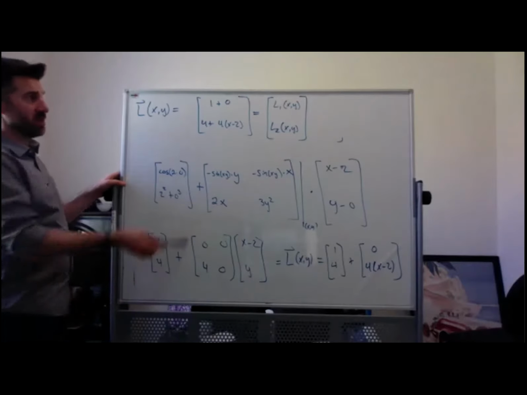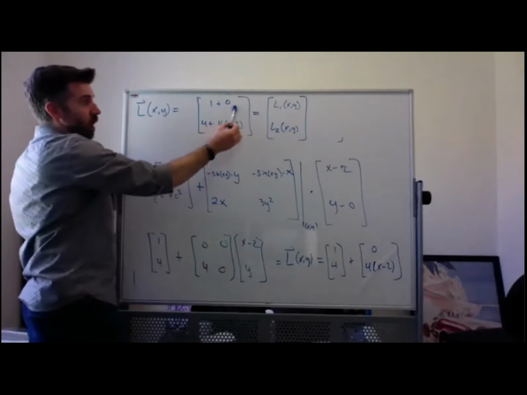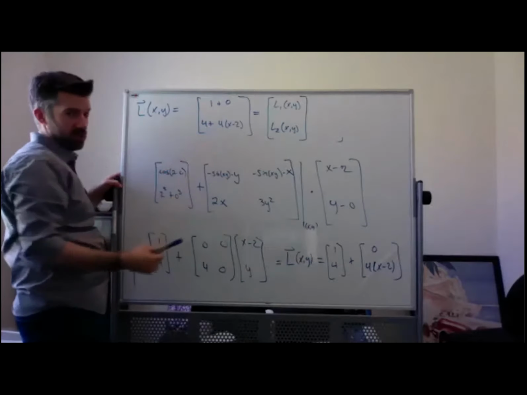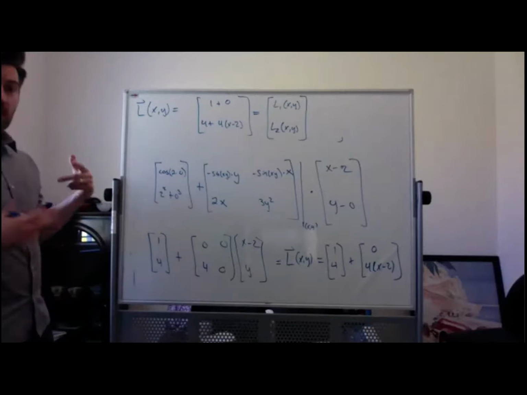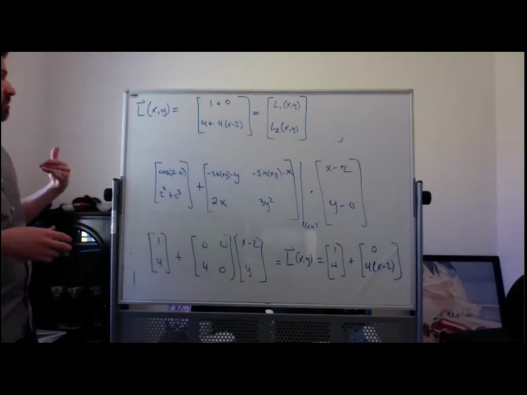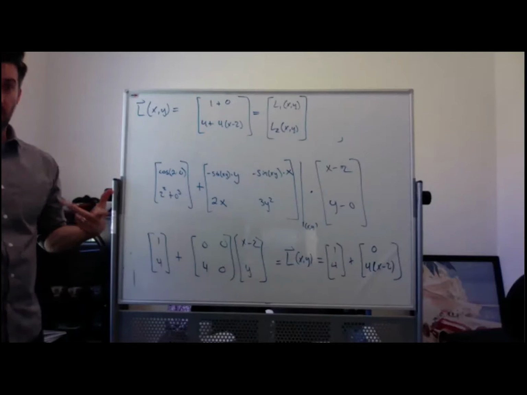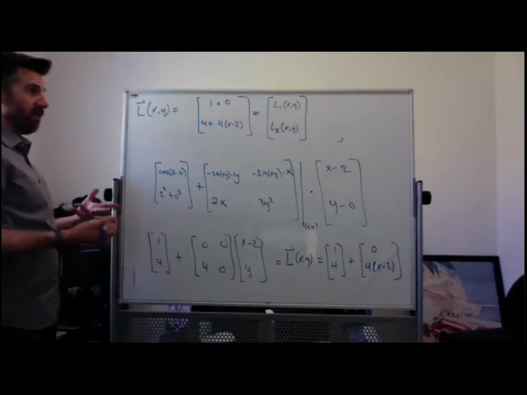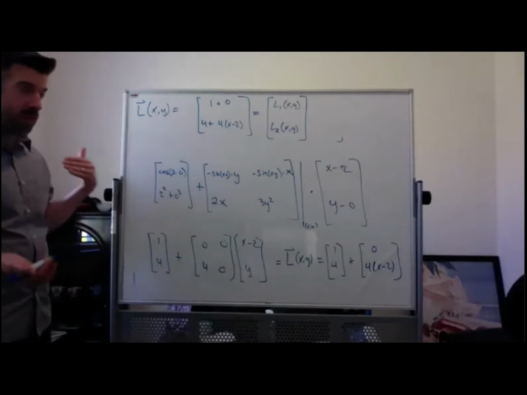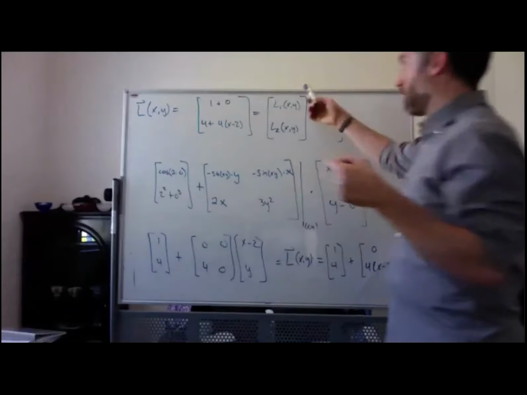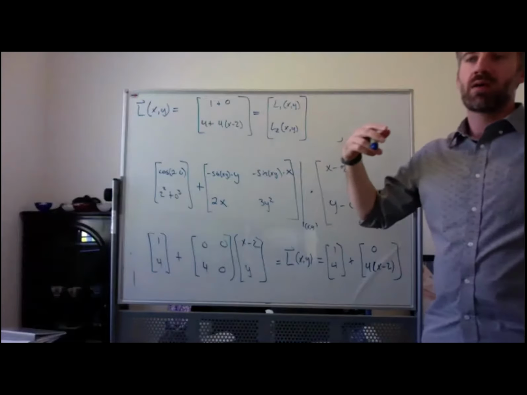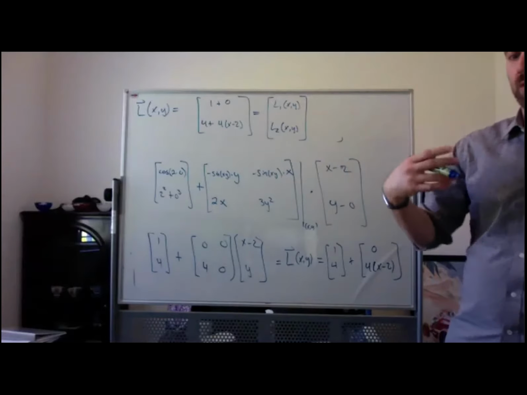So the first linearization is just 1, and the second is just 4 plus 4 times x minus 2. Remember, the linearization of a function is supposed to be a linear approximation. So a linearization of a vector valued function, meaning a function with more than one component, is just the vector valued linearization. Each linearization here is the corresponding linear approximation of the original function.